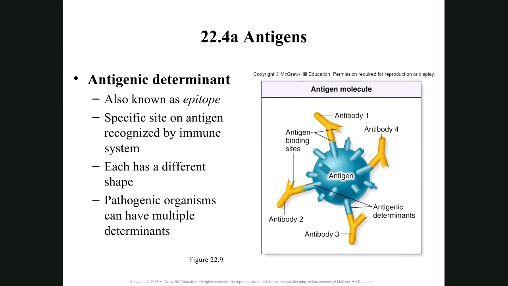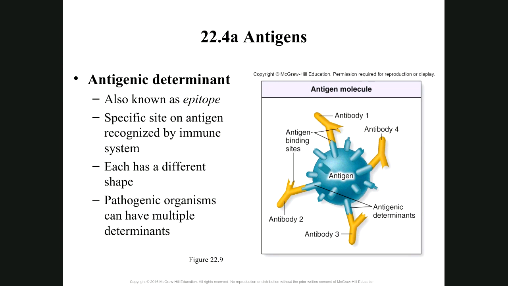Lymphocytes normally have contact with only a portion of the antigen. The specific site of the antigen molecule that is recognized by a lymphocyte is referred to as the antigenic determinant, or epitope. Each type of antigenic determinant has a different shape, and a pathogenic organism can have numerous different antigenic determinants.